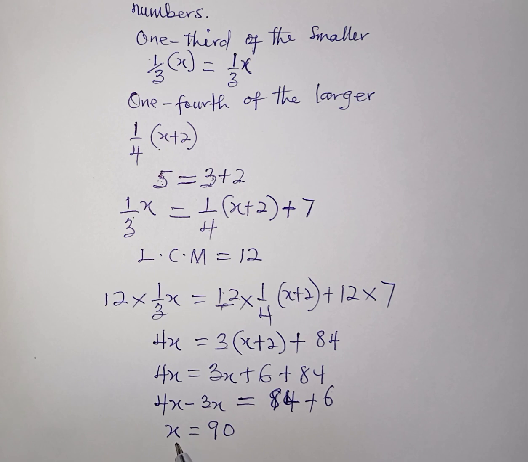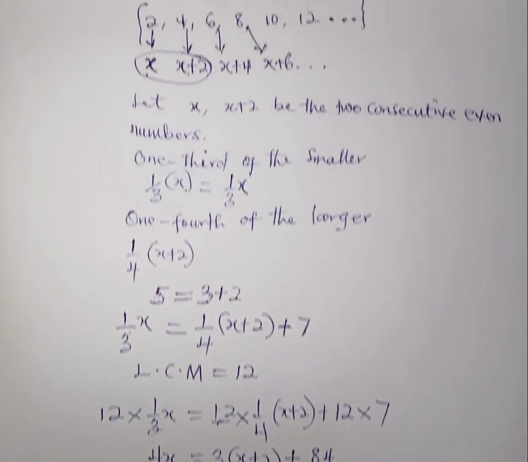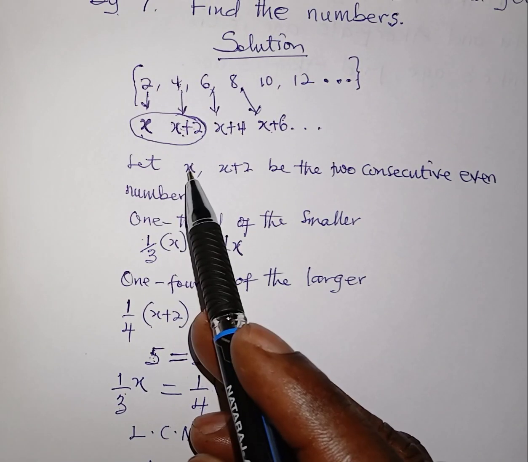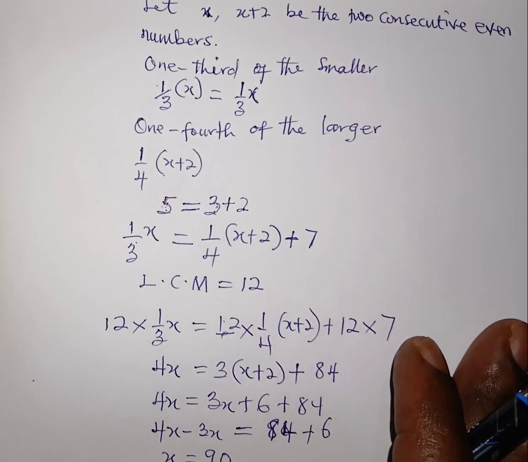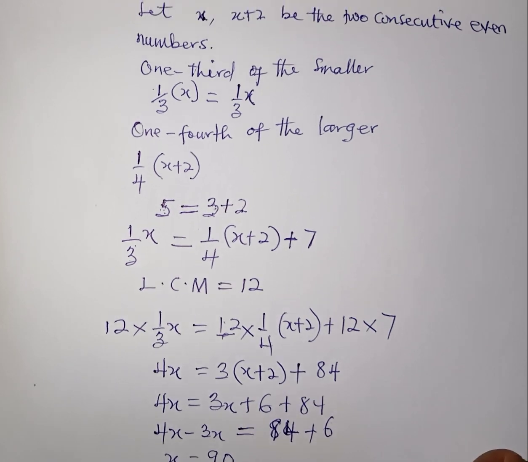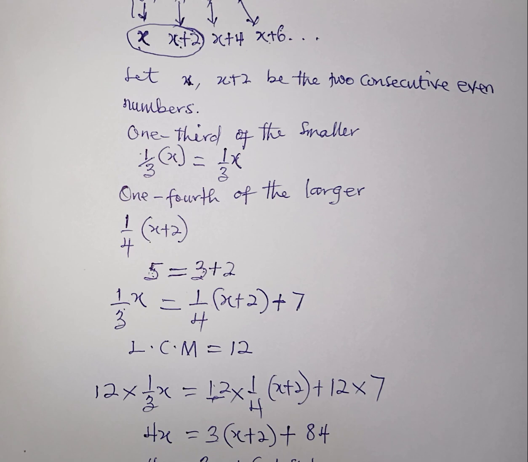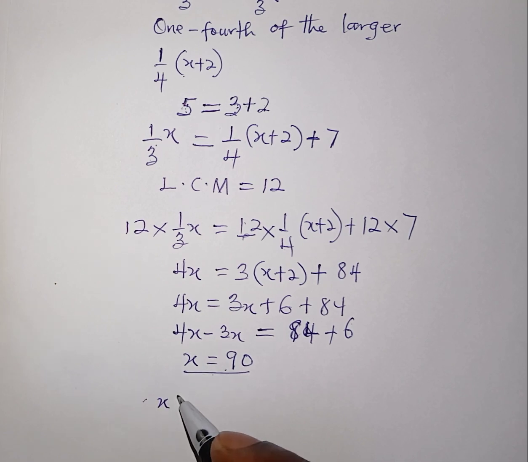Now we have gotten one of the variables. Remember we said the smallest is x, so our smaller even number is 90. Good. So how do I get the largest? The largest is given as x plus 2.